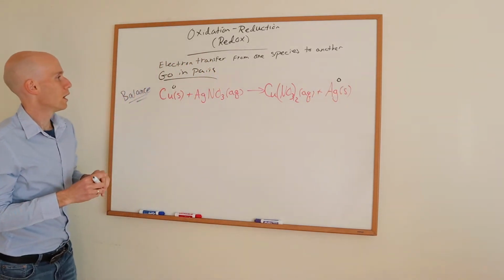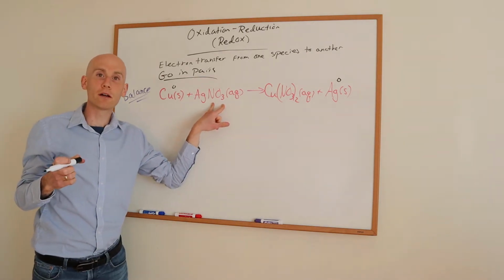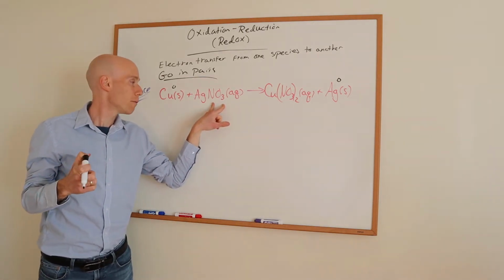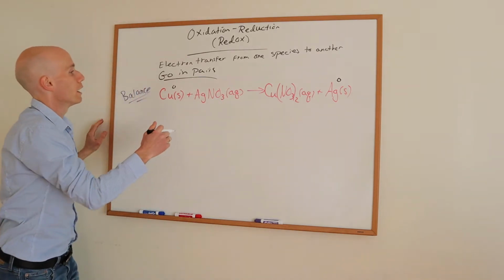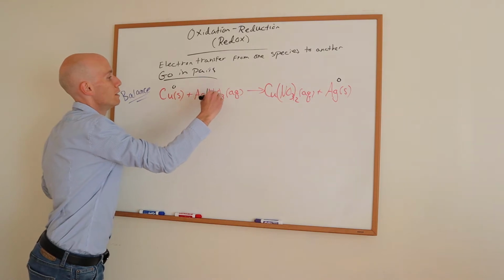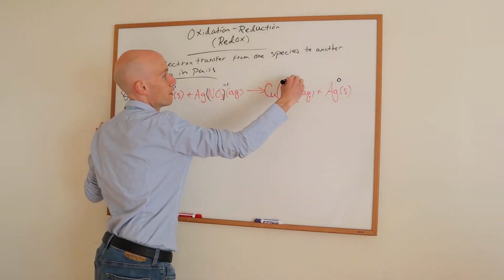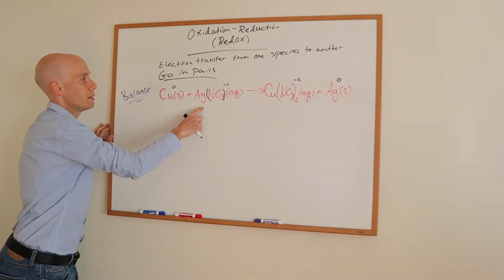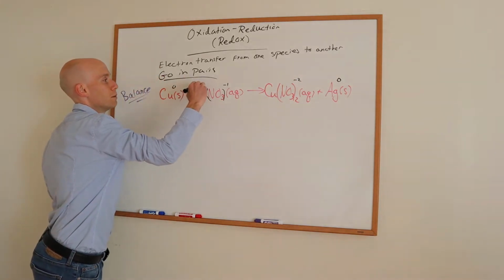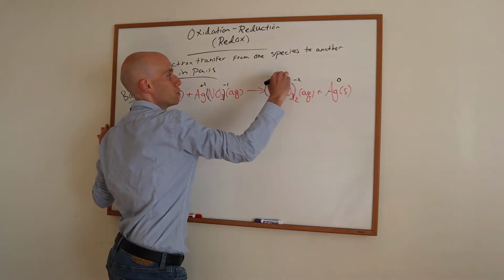Nitrate, from the polyatomic ions that you had committed to memory, NO3 would be -1, and same here is -1. Therefore, I have a -2 here for both of them. That will then mean that silver will be +1, and copper here will be +2.